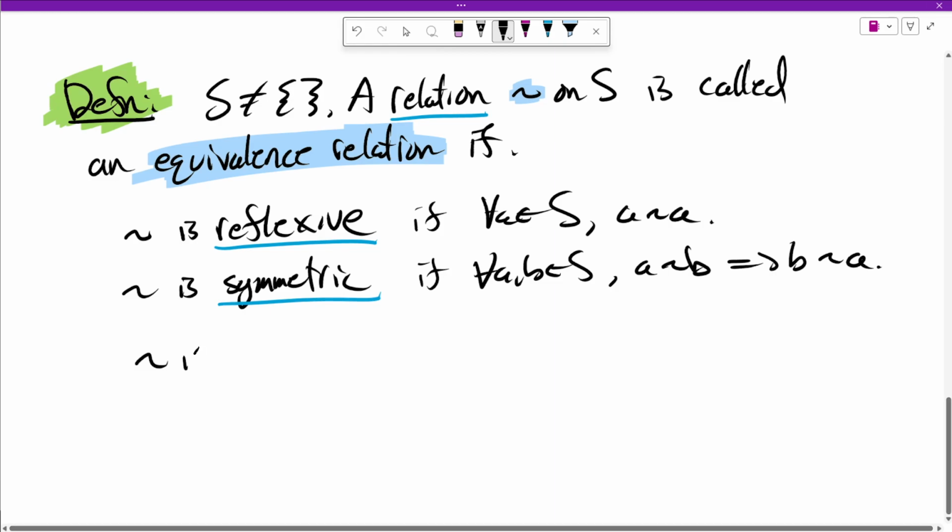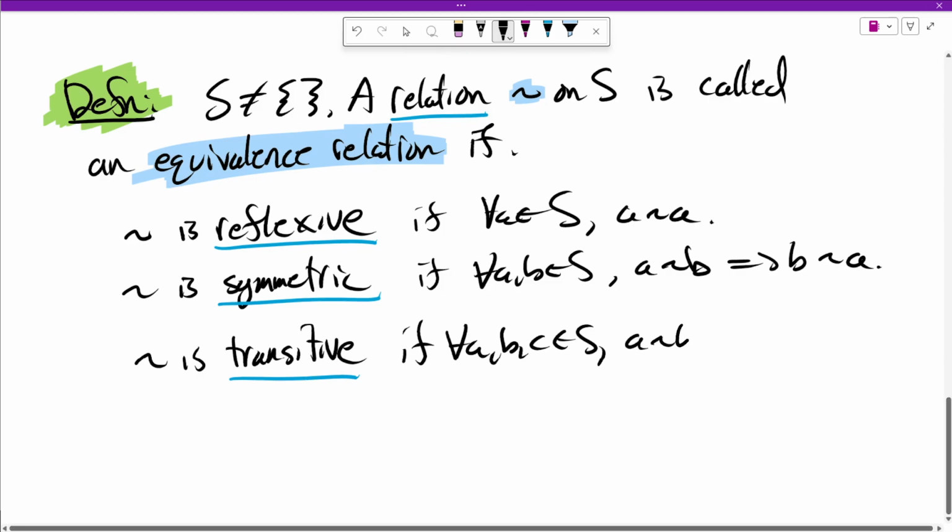And lastly, it should be transitive. If we have two elements that are the same, for whatever the same means, and one of those elements is the same as a third element, then all three of them should be the same. So if for all a, b, c in S, a is related to b and b is related to c, then a should be related to c.